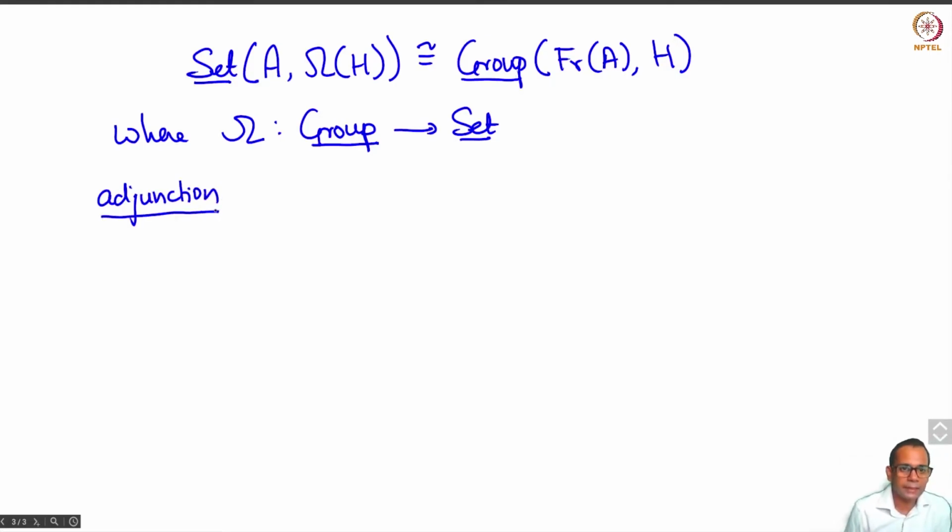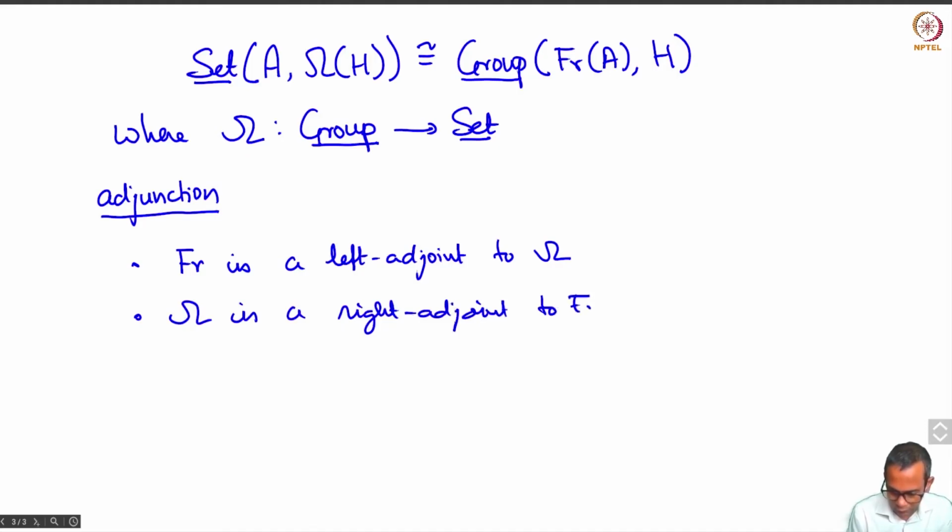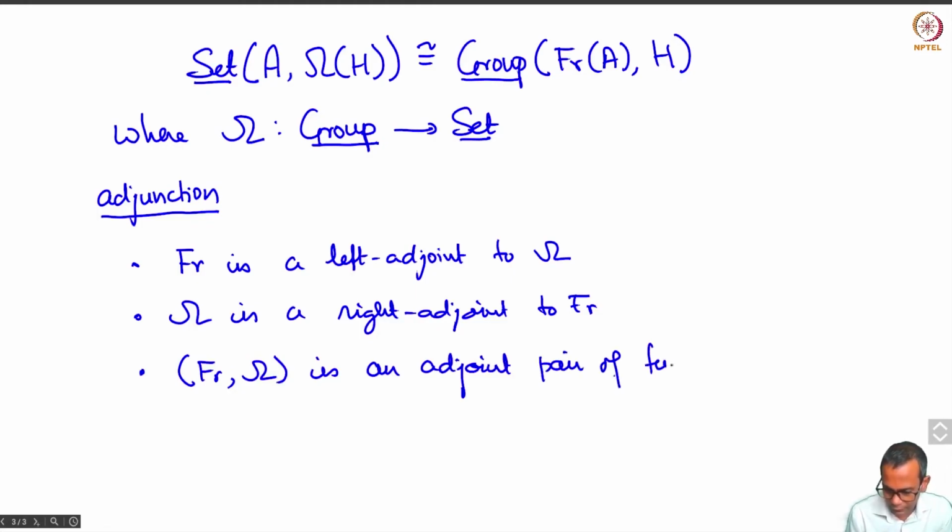So what we say is that FR is a left adjoint to omega, or we may say that omega is a right adjoint to FR, or we may say that FR comma omega is an adjoint pair of functors.